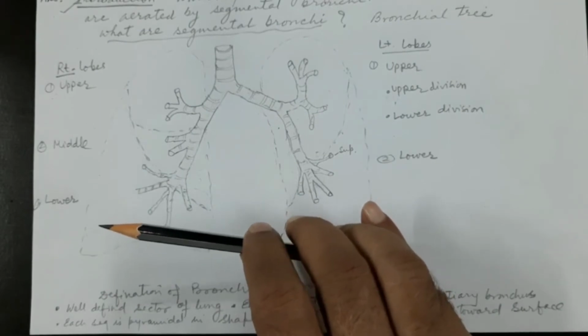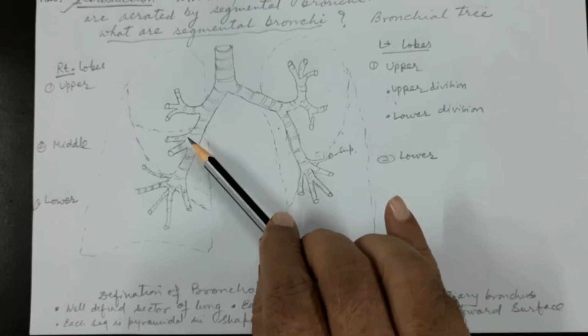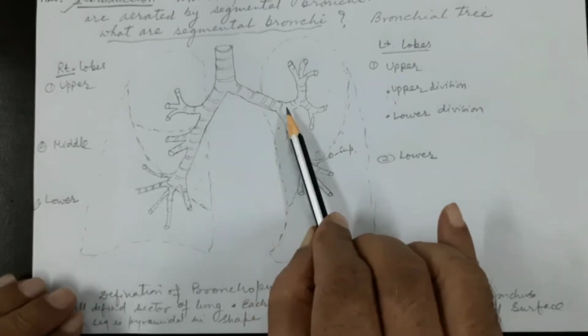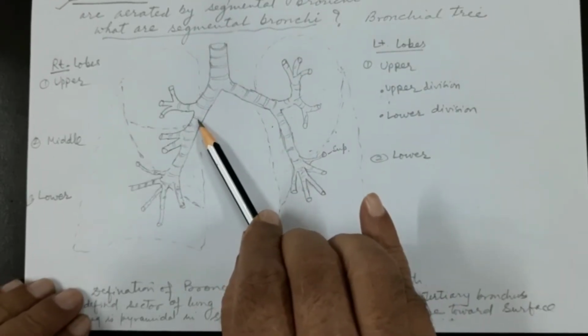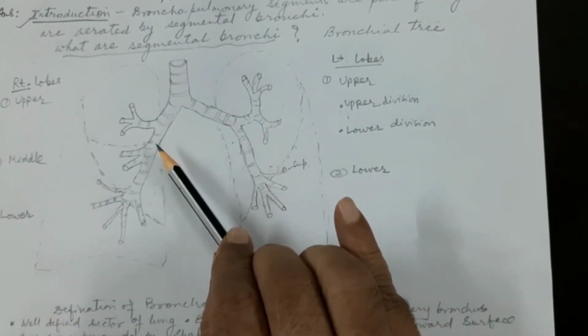After entering the hilum, the principal bronchi soon divide. The first branching pattern is called the secondary bronchi.